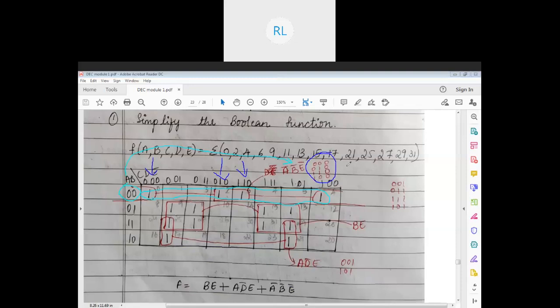This one, here, and then here. All these are picked up and I have written it here. Any doubts till here, students? Till here, any doubts? Sir. No, sir. Okay, good.